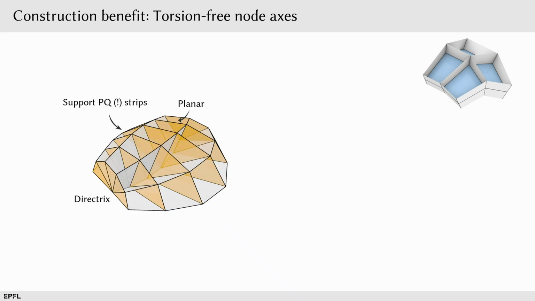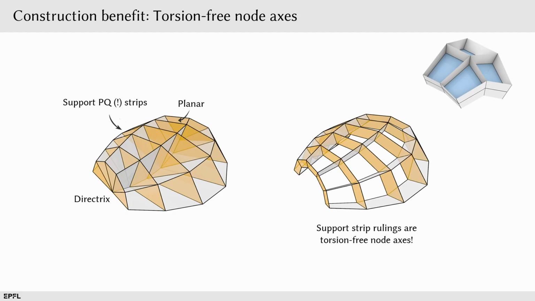And in the other direction, these connections between two rulings of the support strips are also coplanar because they meet in a single point that is located on the directrix. Therefore, the rulings of our support strips can be used to extract torsion-free node axis directions for free.